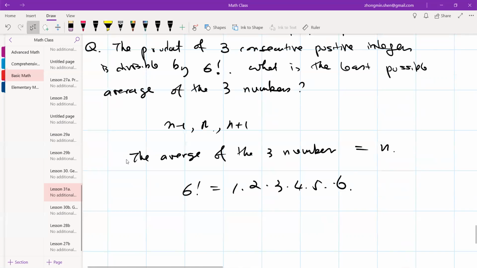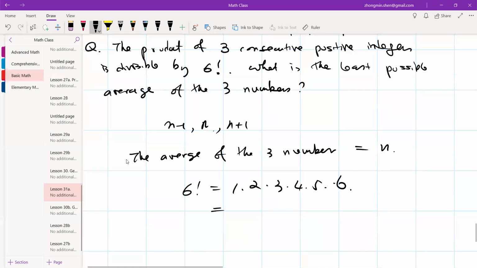All right, so James Young says 9. It's divisible by 6 factorial. So look at 6 factorial.